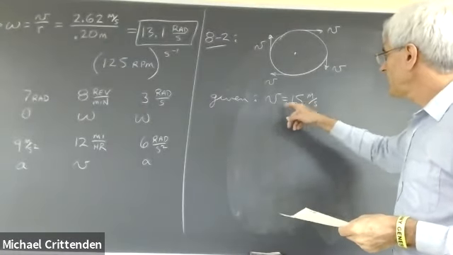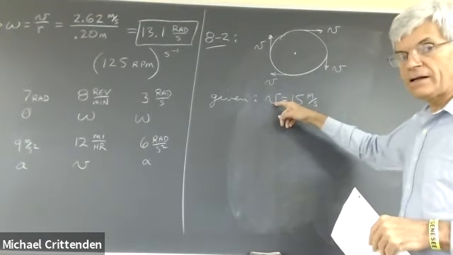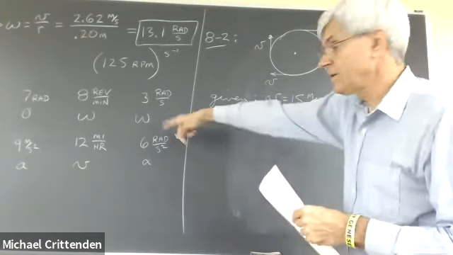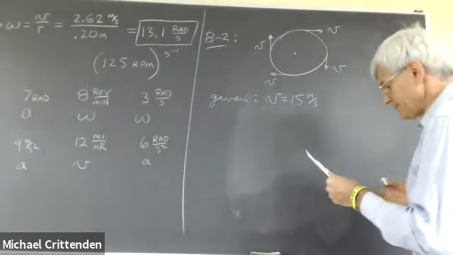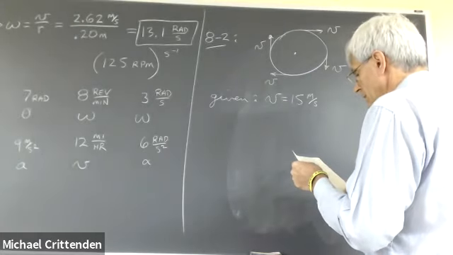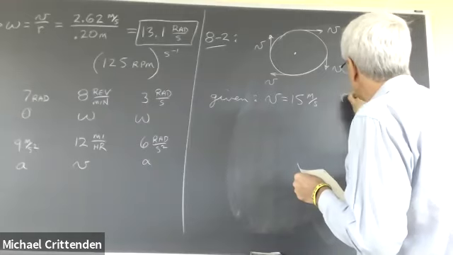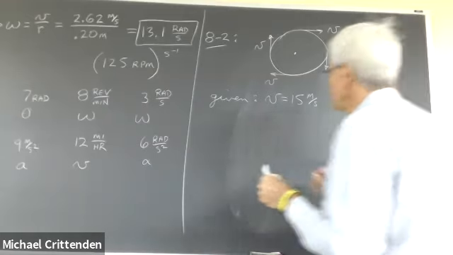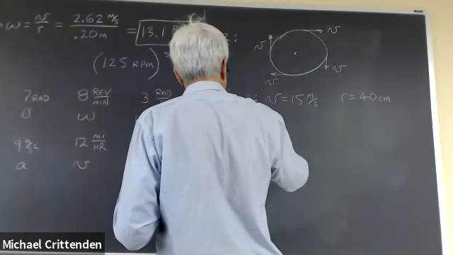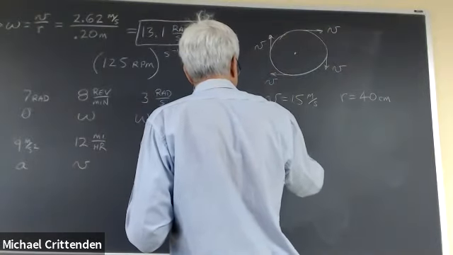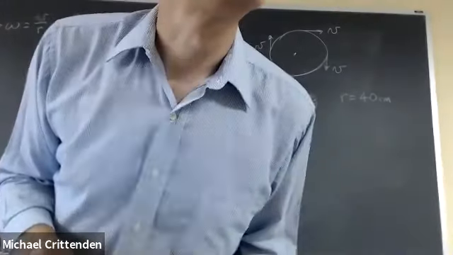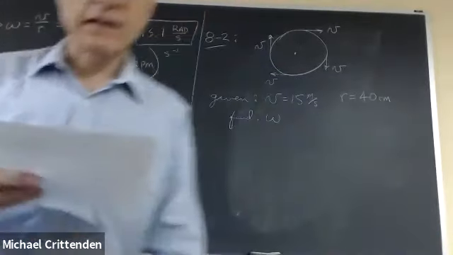15 meters per second is V, not omega. That was the point of this first one I did. We're told the radius. The question says, find its angular velocity.